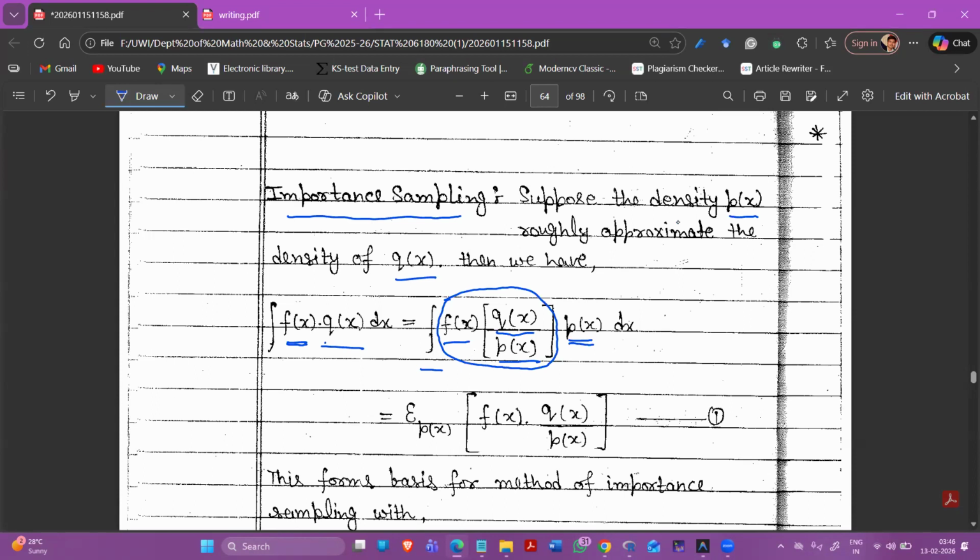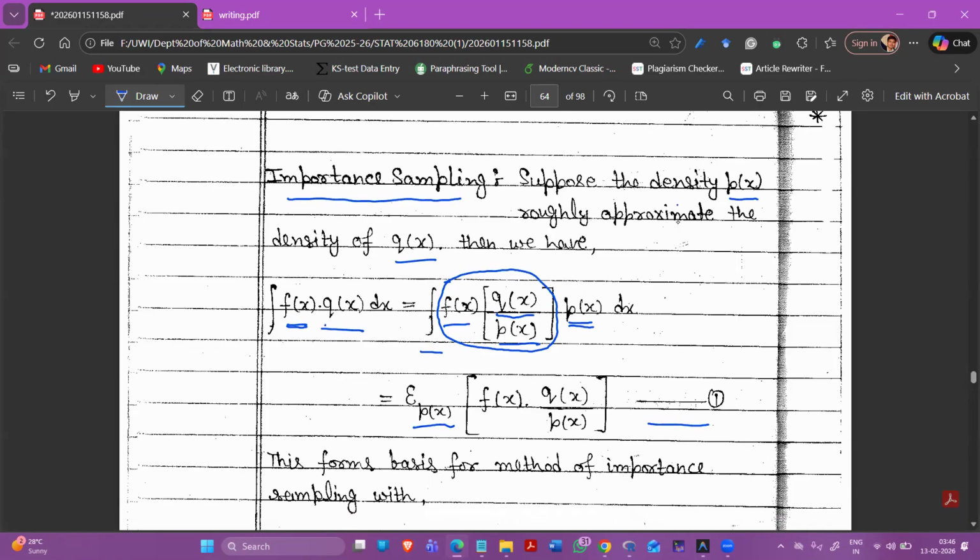It will be the expectation of f(x) into q(x) divided by p(x), with respect to the density p(x). All right. So if you are able to write your integration in such a form, as given in equation 1, that is called the importance sampling method.